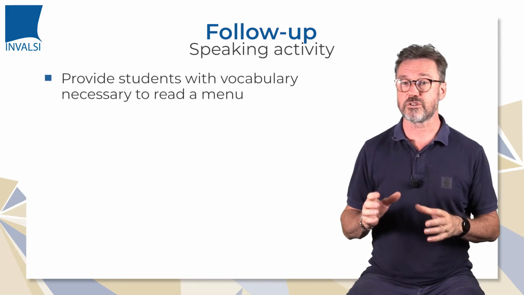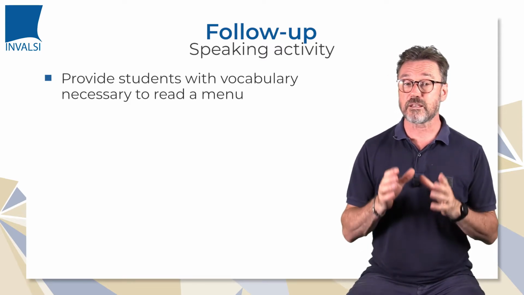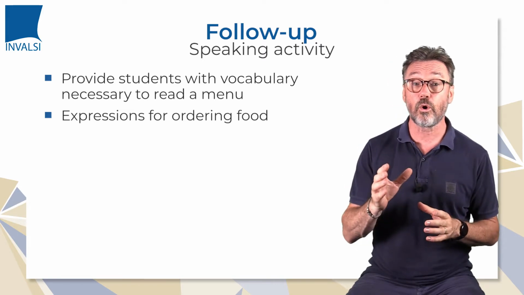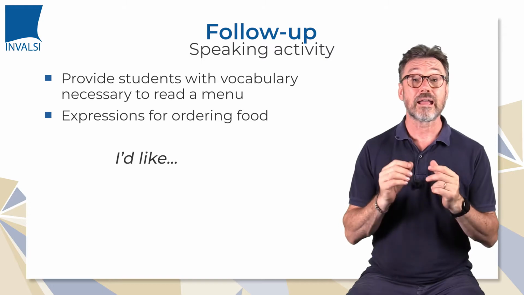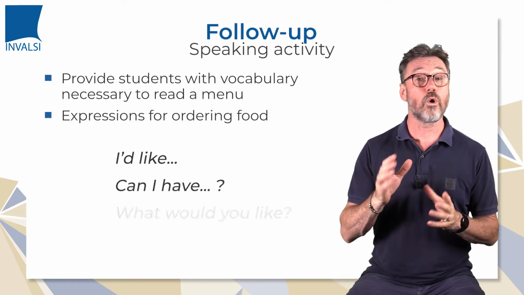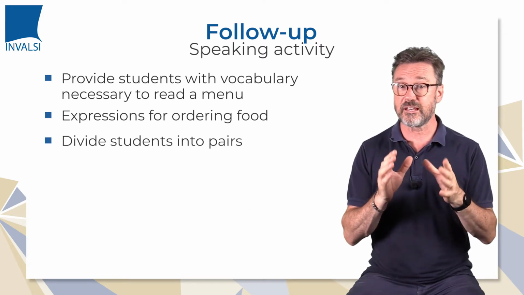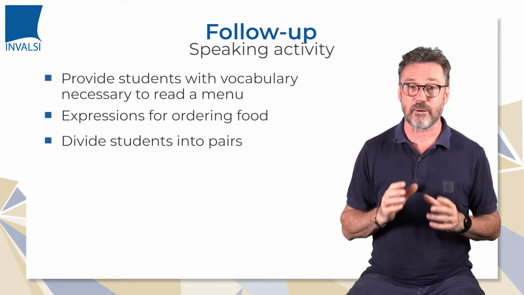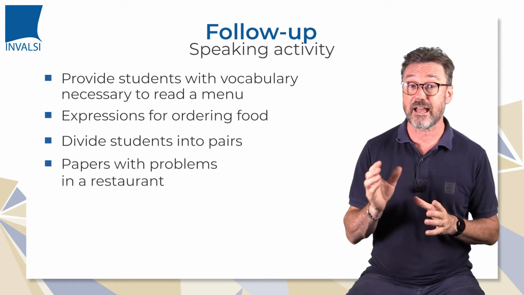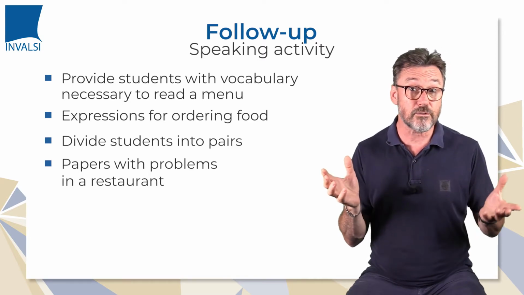First, provide students with vocabulary necessary to read a menu and some useful expressions for ordering food, such as "I'd like," or "Can I have?" or "What would you like?" Then divide the students into pairs. Prepare several pieces of paper with some problems you might have in a restaurant. For example, you get the wrong food.